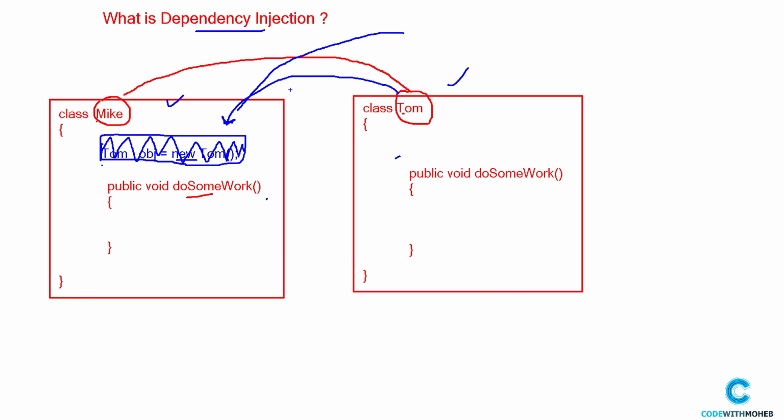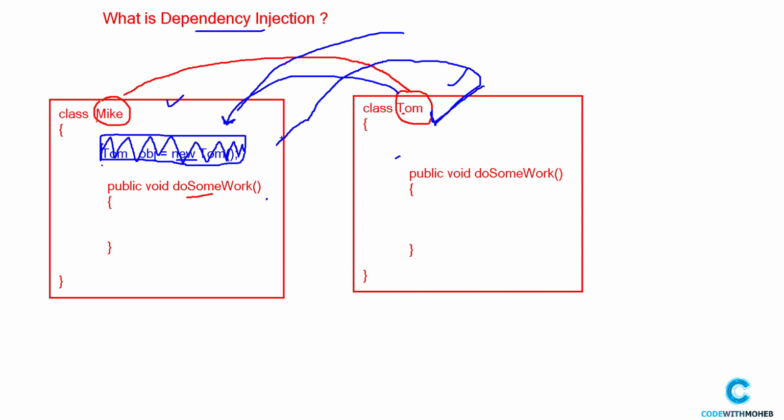So what Spring does is that the task of creating objects using the new keyword will now be done by Spring. Spring has the capability of creating Tom's object. It means Spring can create the object of this class and inject it into another class, which is the Mike class.